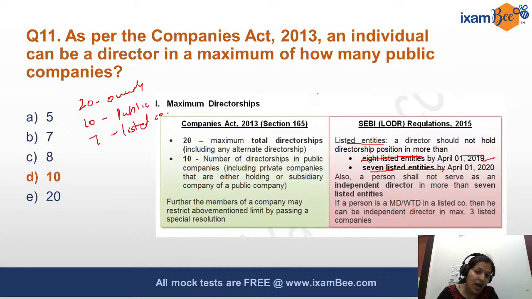Another question, if I asked, what is the maximum directors in a company? So there are two different questions. This is a person related. One person, how many companies he can be a director? There's another question, in one company, how many maximum directors can be there? That you can write in the comments section.